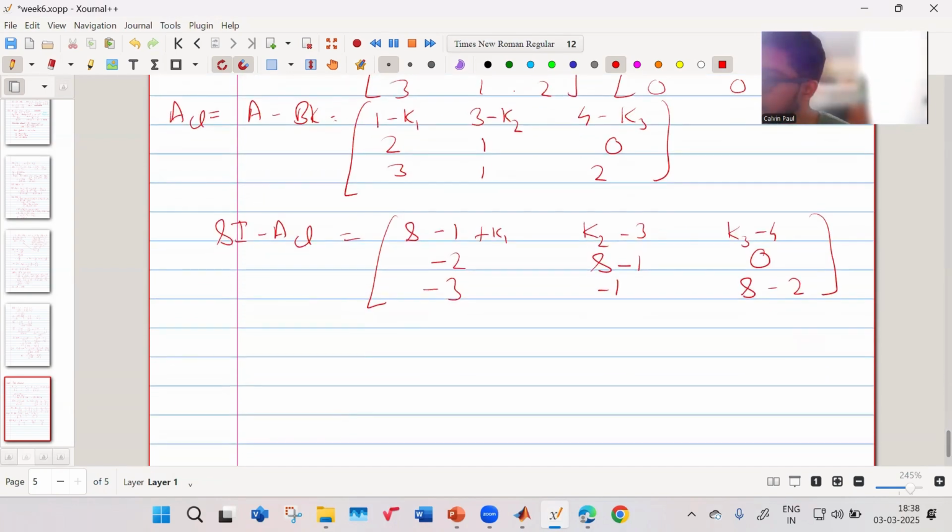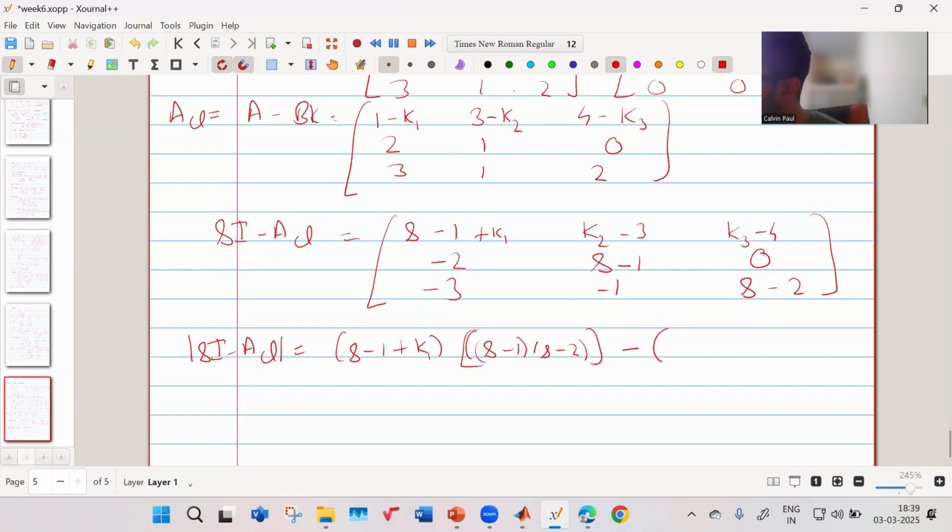The determinant of SI minus A closed loop will be equal to (S minus 1 plus K1) into (S minus 1) into (S minus 2), minus (K2 minus 3) into (minus 2) into (S minus 2), plus (K3 minus 4) into (minus 2) into (minus 1), so it is 2. Minus 3 into minus 1 into S minus 1, so plus 3 into (S minus 1).